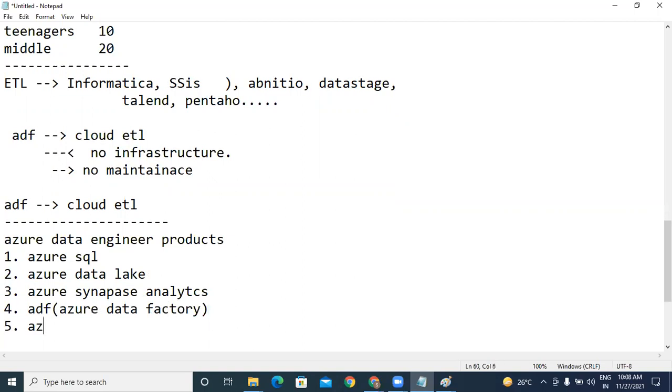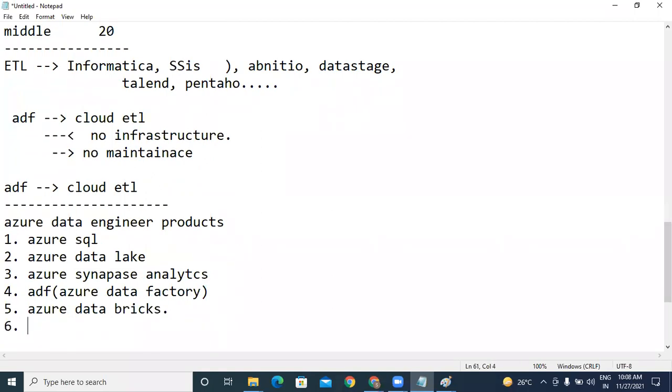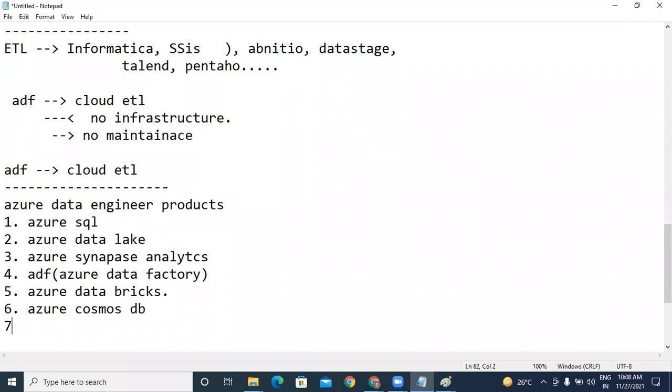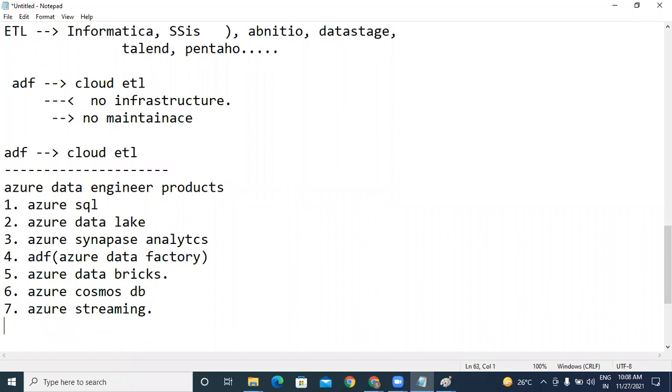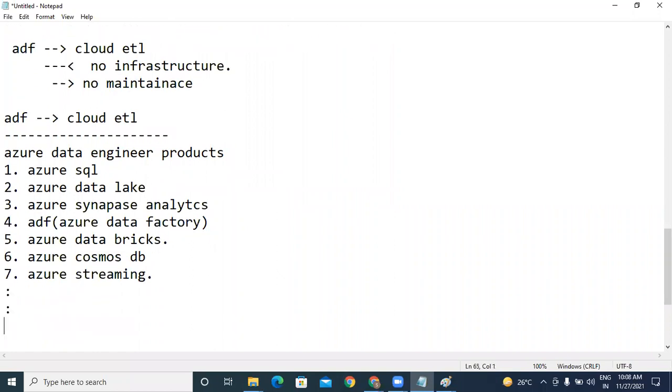Number five, Azure Databricks. Number six, Azure Cosmos DB. Number seven, Azure Streaming. In this way, as part of Azure data engineer products.